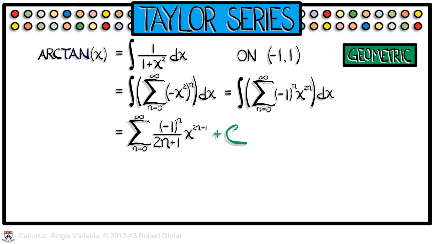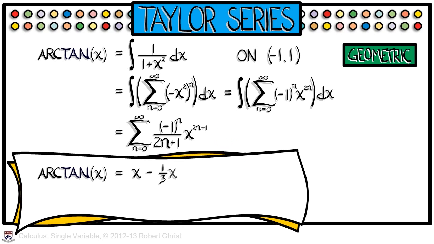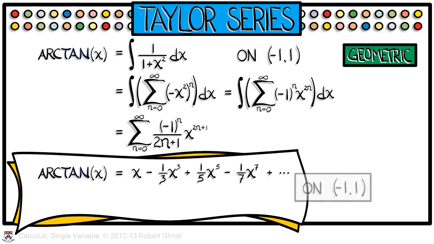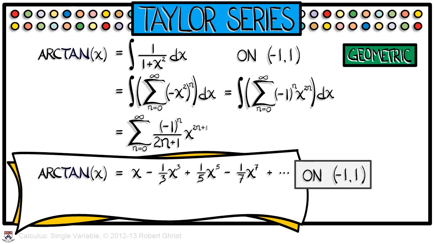There's a constant of integration, but that's equal to 0, since arctan of 0 is 0. Therefore, we have our familiar series for arctan of x: x minus x cubed over 3, plus x to the 5th over 5, etc. That works within the domain of convergence, from -1 to 1, based on the geometric series.